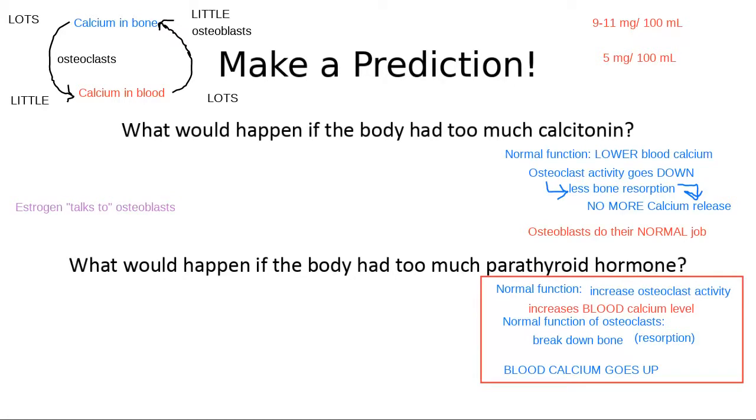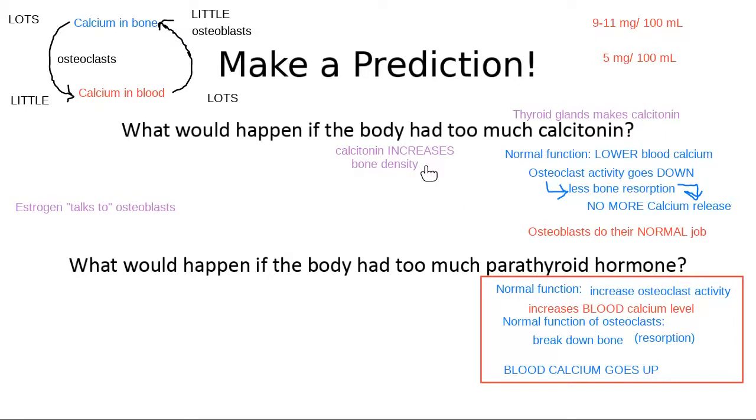The thyroid gland makes calcitonin. If the thyroid gland is doing its normal job and making calcitonin at a normal level, calcitonin technically increases bone density. Let me write that down.